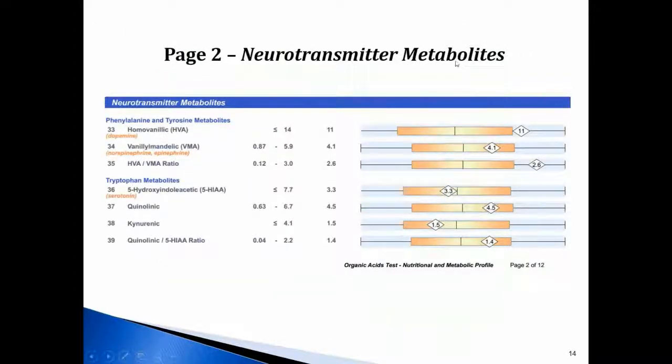Now, at the bottom of page 2 is the neurotransmitter metabolites. And this is an important area to look because when you have Clostridia present, either the HPHPA, the 4-cresol, and sometimes that 4-hydroxyphenylacetic marker is high, at times you will see this dopamine marker elevated too.